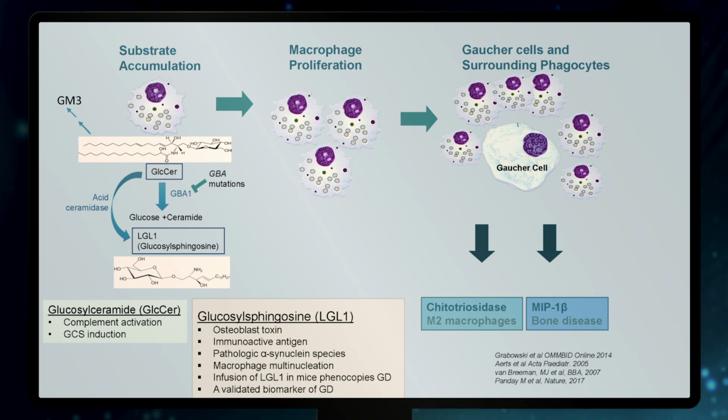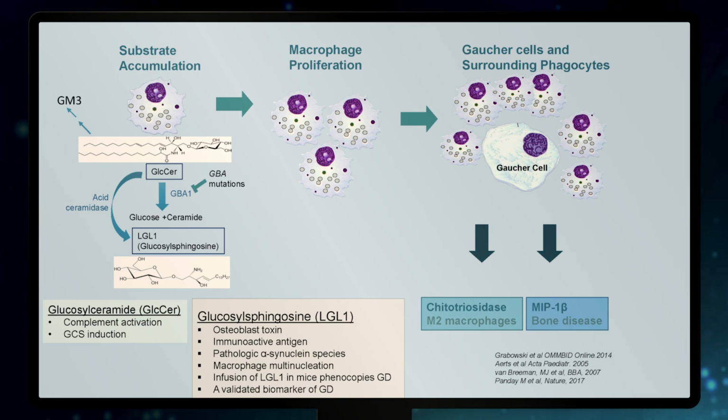What he did was he took Gaucher cells, which are fat-filled cells, isolated from the spleen of people who had their spleens removed, and started to analyze what substances these cells were producing.